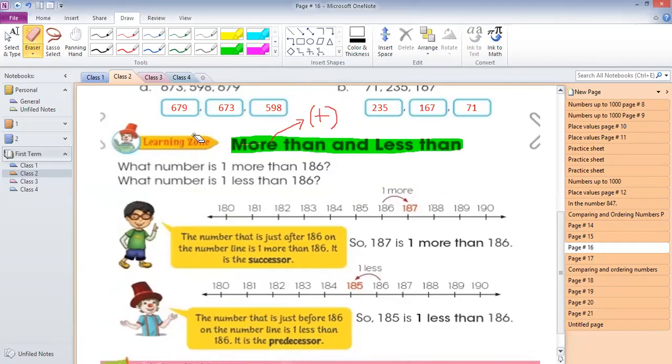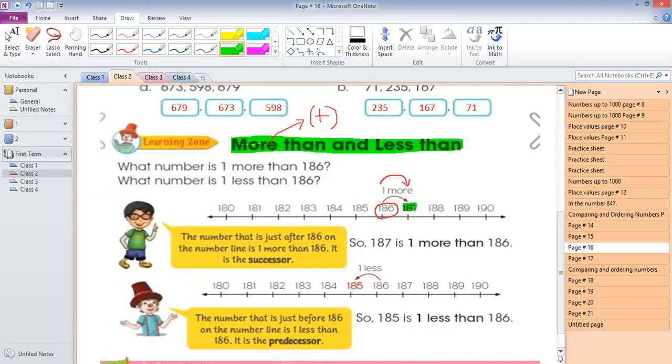When you have to find out 1 more than 186, you will find 186 first. Where is 186 on that number line? This is 186. In order to find out one more, you will check which number is there after 186.